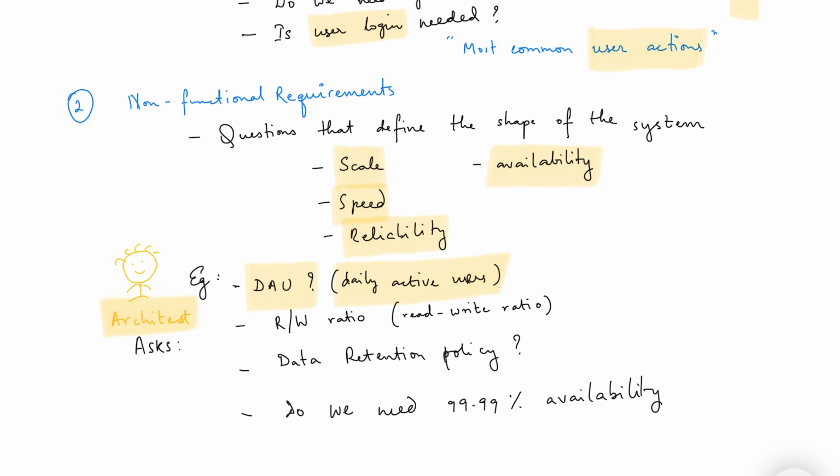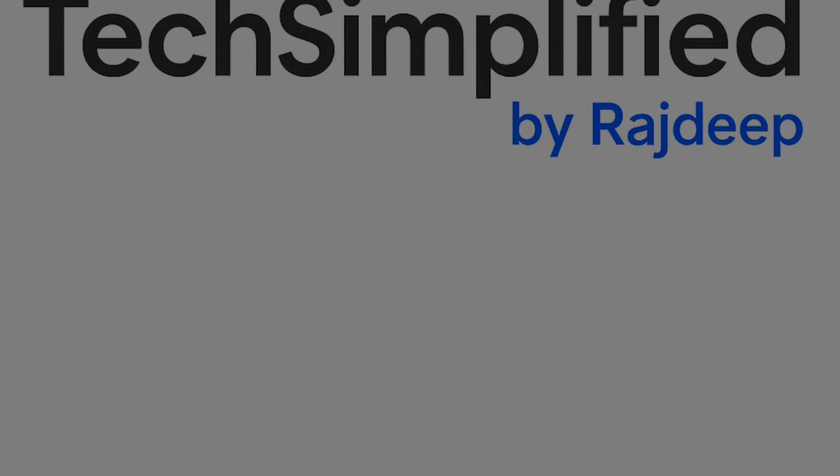By this we can get an estimate of the daily load that we are expecting on our system, and based on that, we can make some relevant choices, which we'll see later in this video. Second, he asks about the read-write ratio of the system.